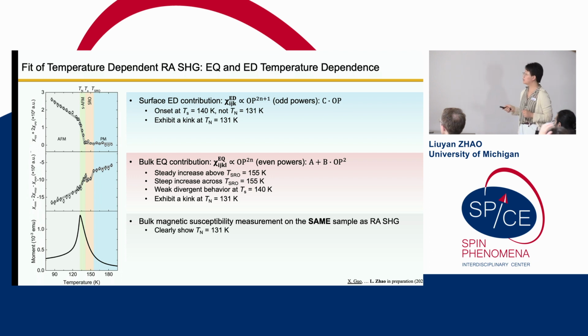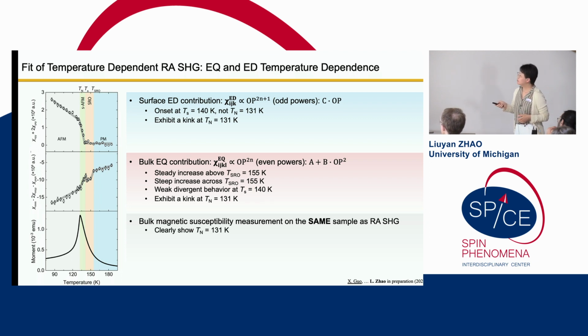So this is because when there are spin fluctuations or correlations happening at the temperature scale between 140 and 185, the order parameter quadratic term is actually sensitive to the spin fluctuations there. And that's why it can capture the 185, 155 onset temperatures.